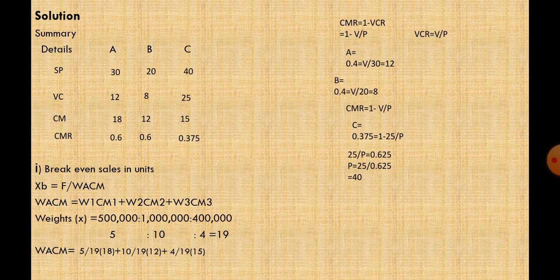By the end of the day, you get a figure of shillings 14.2105. So that is the weighted average contribution margin.